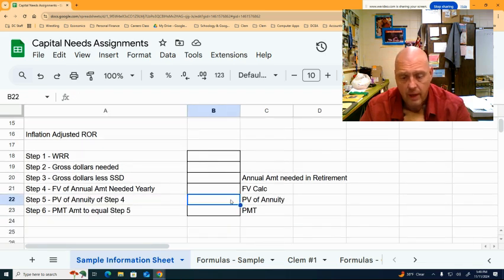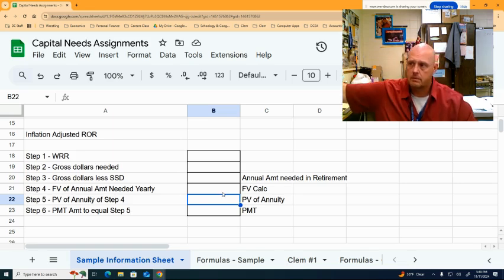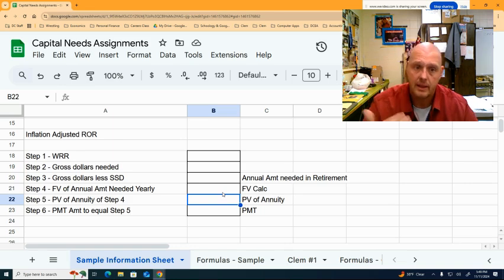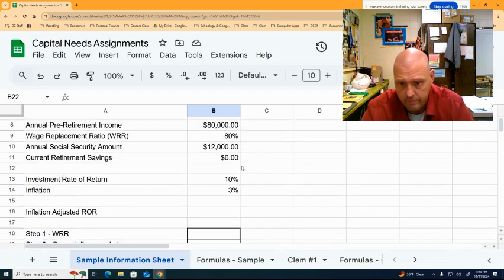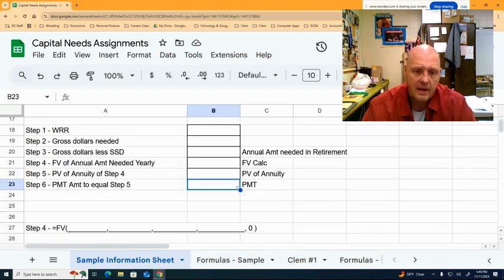We then say, okay, whatever that number happens to be at age 62, we need it every year at the beginning of the year for the next 28 years. And then let's work backwards to say, well, if Mary starts at age 41, dropping in money on a monthly basis until age 62, what is it going to cost her to be able to get her pile so that she can retire and then live off that pile?